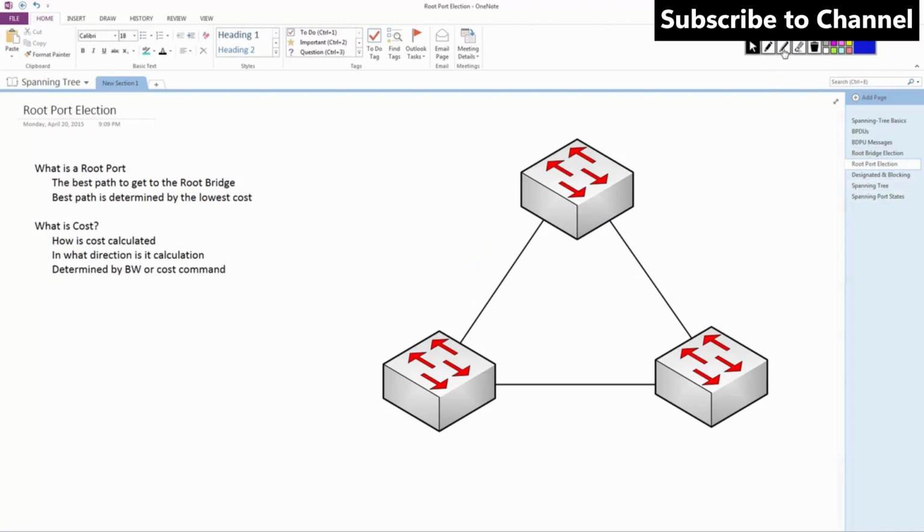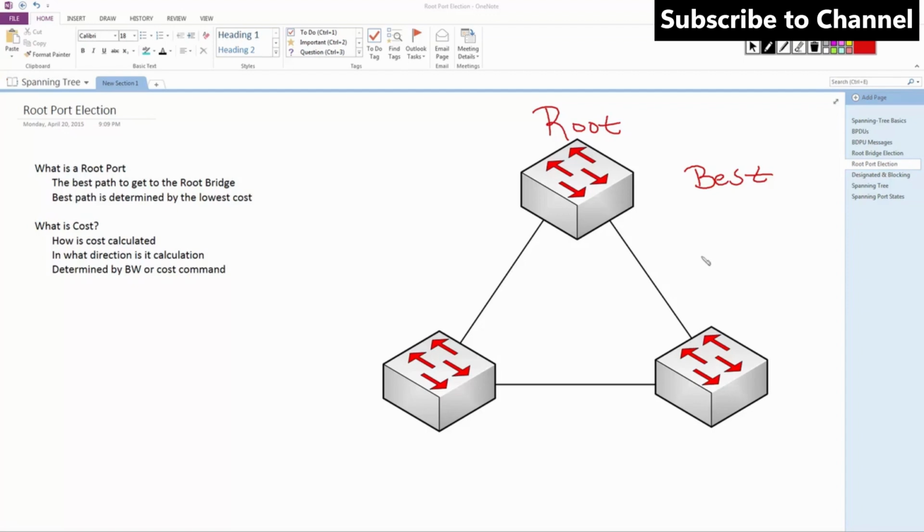So after our root bridge has been selected, which we will say this guy up here is the root, that part is done. Now what we have to find out is how we get to our root bridge. And when I mean how I get to our root bridge, what I mean is the best way to get to our root bridge.